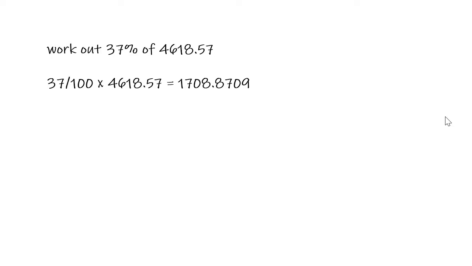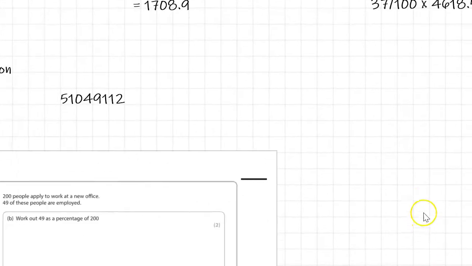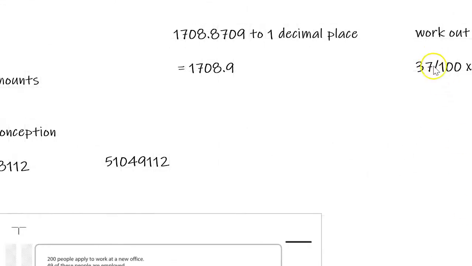So as a decimal, 0.37 times 4,618.57. So that gives us the answer of 1,708.8709. So again, let's transfer that because I believe that is one of the marks.